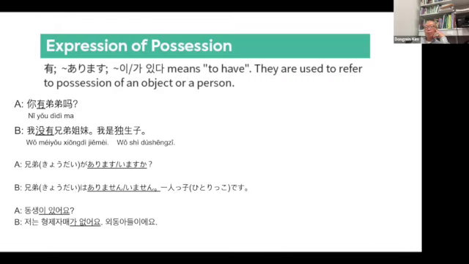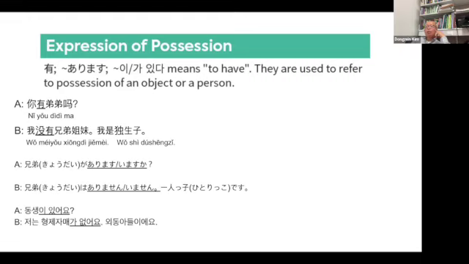Let's see the next Japanese conversation. 兄弟がいますか？兄弟がありますか？In this case, for an animate noun, you use いますか, not ありますか. If you possess an object, you use あります.